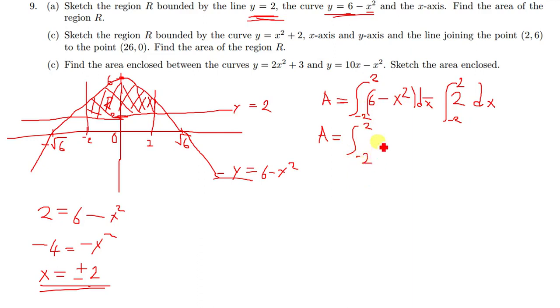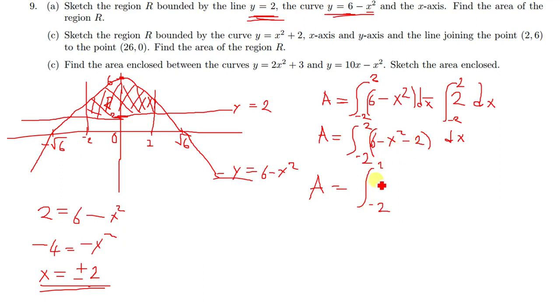We can say 6 minus x squared minus 2, and then the dx outside. To find the area, we're just going to find the integral with the given limits 2 and -2.